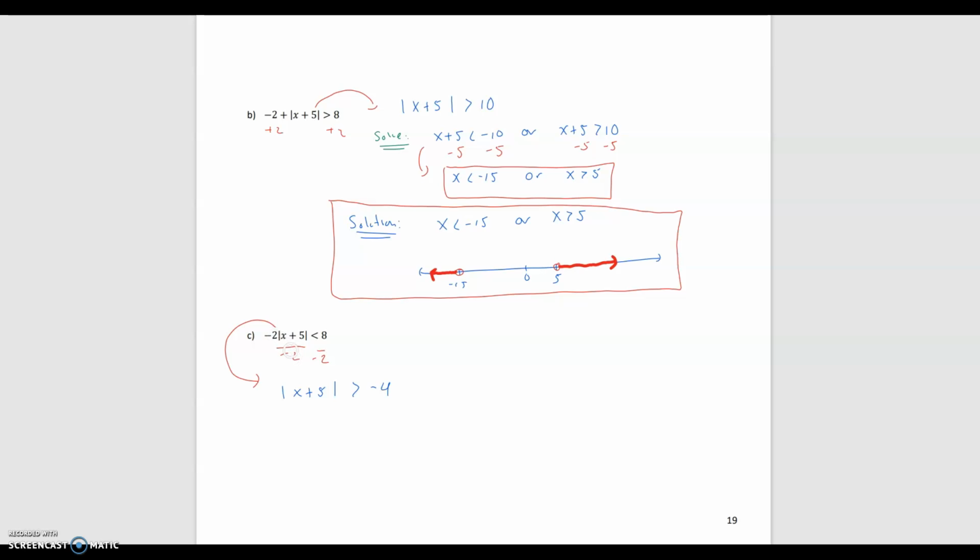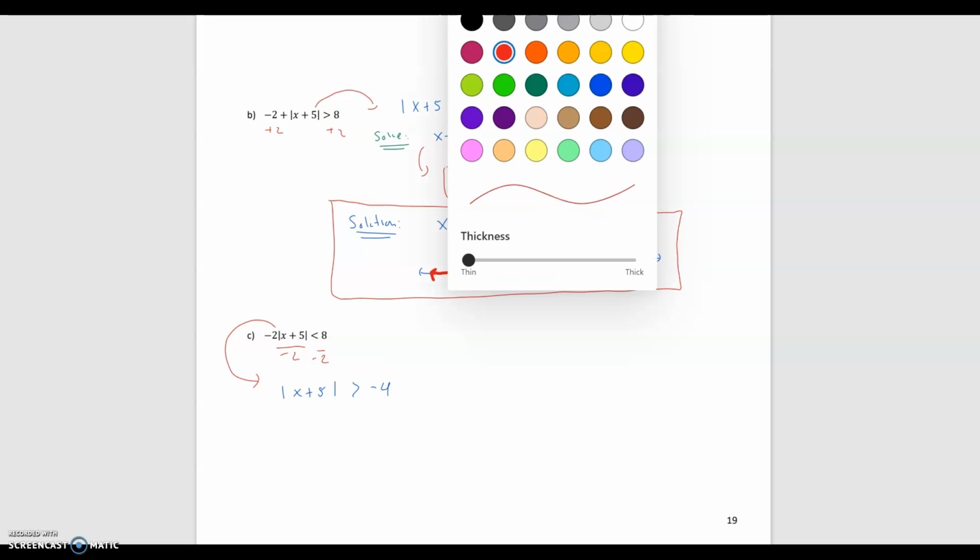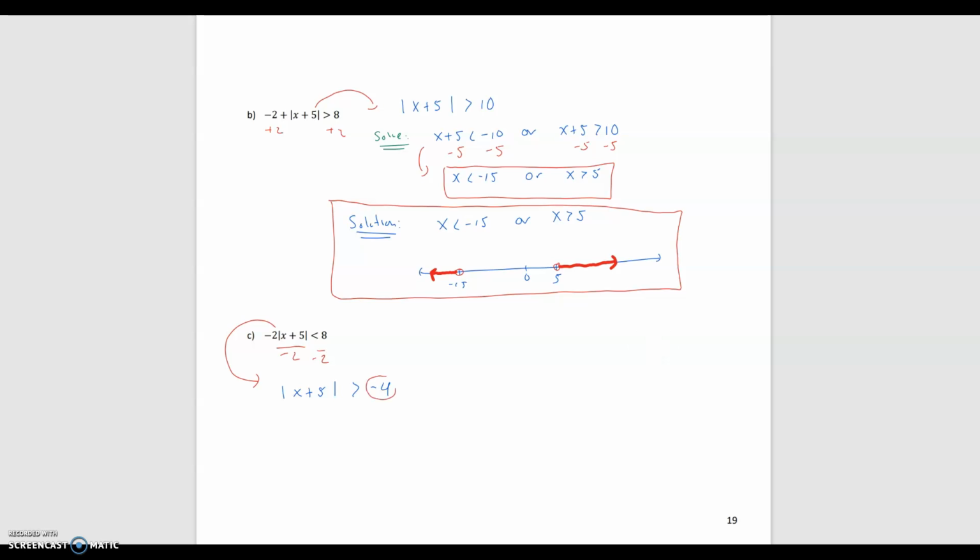So dividing by the negative 2 switches the symbol from less than to greater. 4 divided by negative 2 is negative 4. And at this point, we're technically done. And this is because of the following.